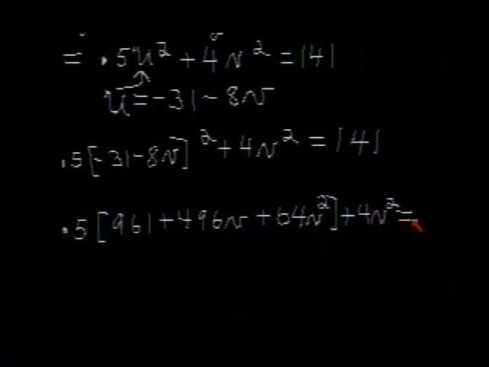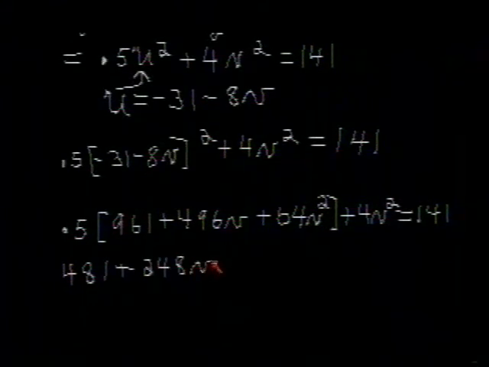If I multiply through the brackets now by 0.5, I'll get 481 plus 248 times v plus 32 v squared plus 4v squared is equal to 141.